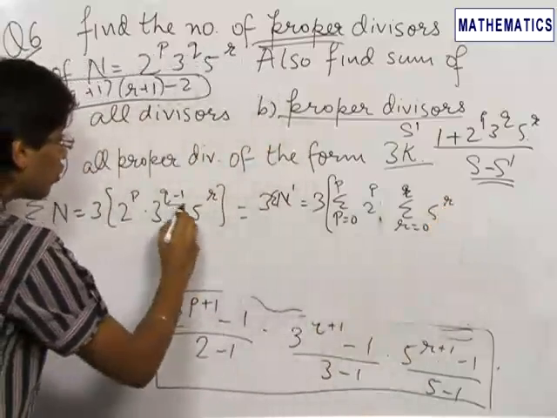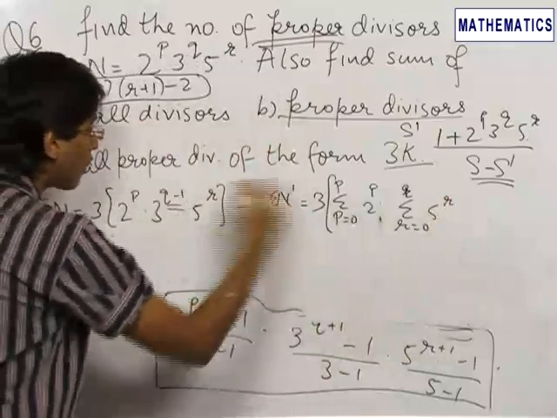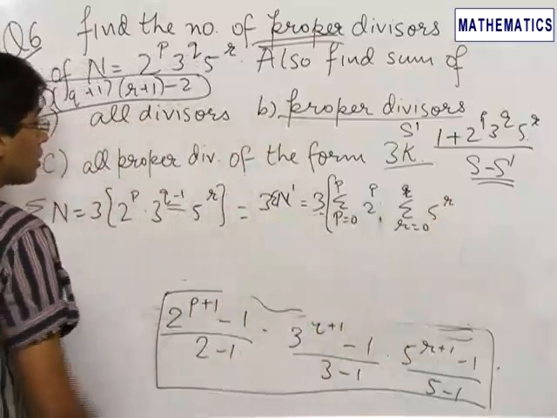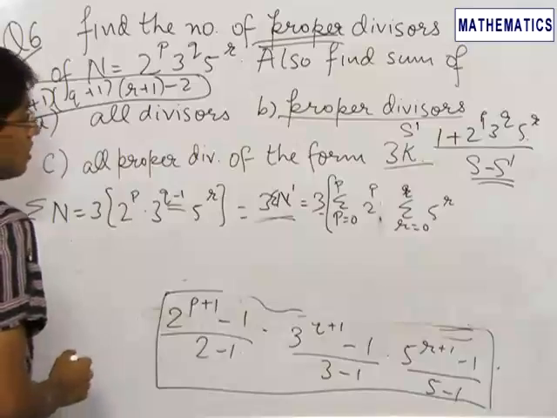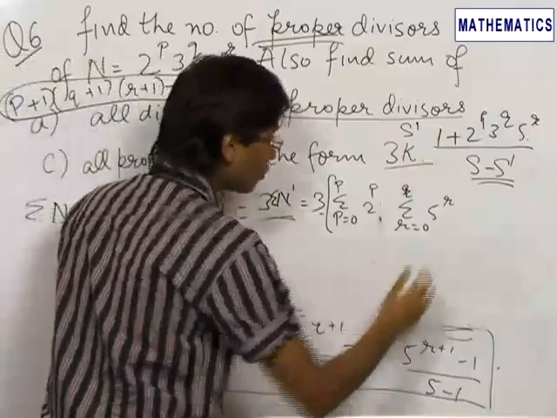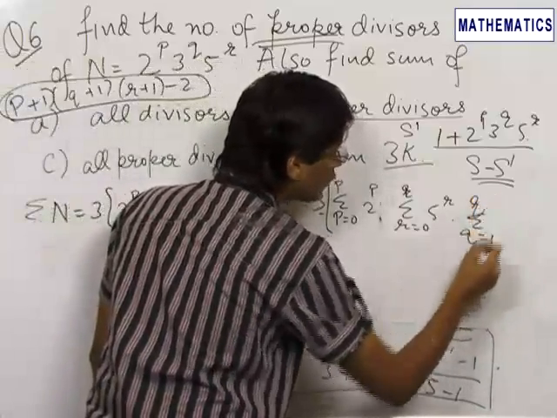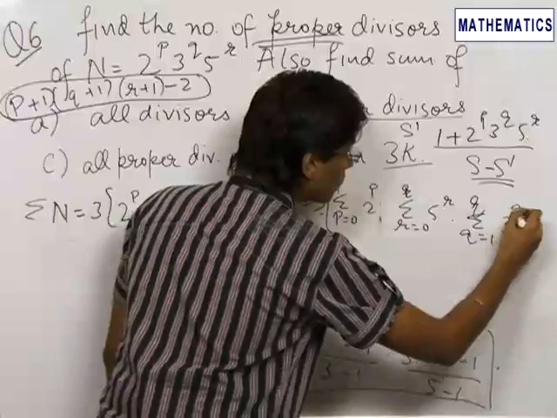But now q goes from 1 to q and not from 0 to q, because one of the 3s has been taken outside the summation in order to convert the factor into 3 sigma n dash form. So this becomes q is equal to 1 to q and not from 0 to q, 3 power q.